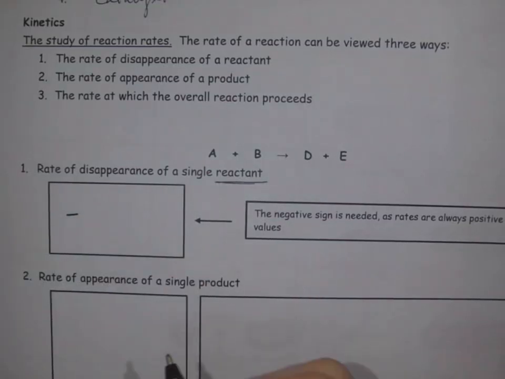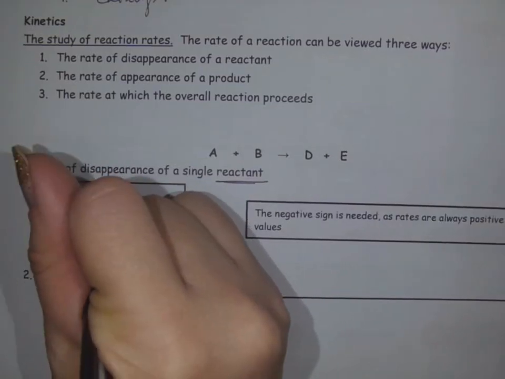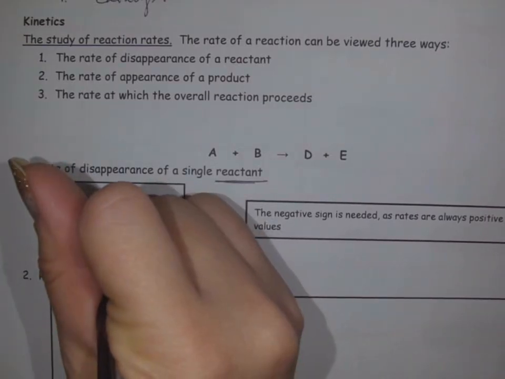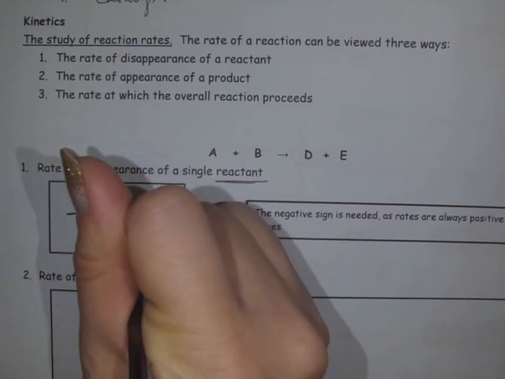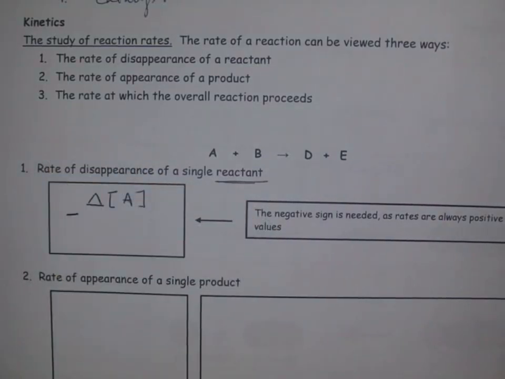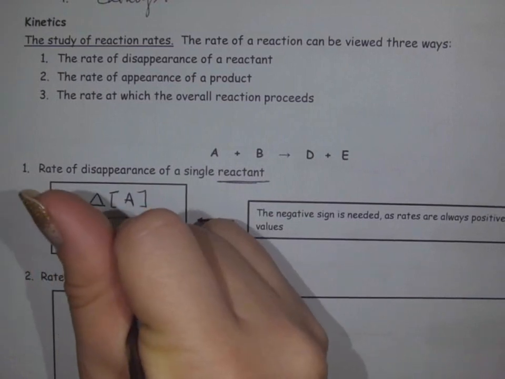And it's the change in, remember a little triangle means change in, like final minus initial, the change in the concentration of a reactant. I just chose one of the reactants, it doesn't matter which one, but it's the change in that concentration of that reactant over a change in time.